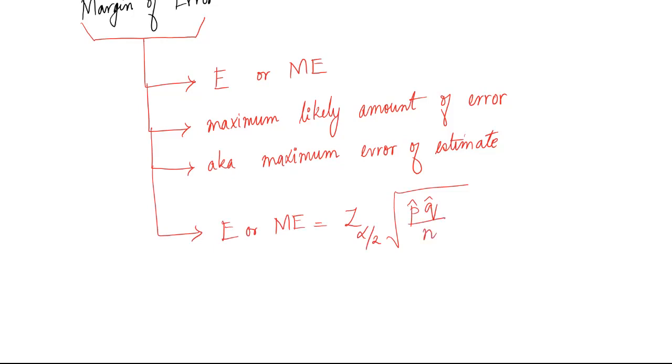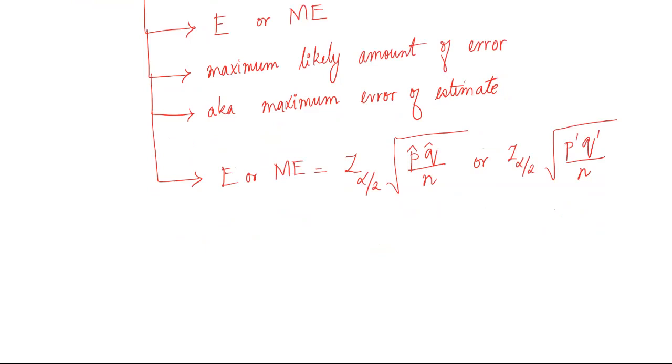And if they used prime, then it will be P prime Q prime. So I'll write that also. Okay, I think they should stick to one notation so that we don't keep changing the way it is, but well, we can only make suggestions. It's been in use for some time now, I think.